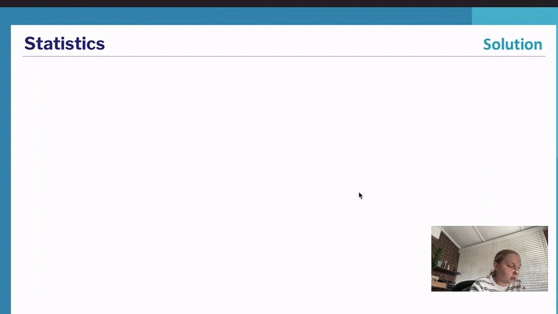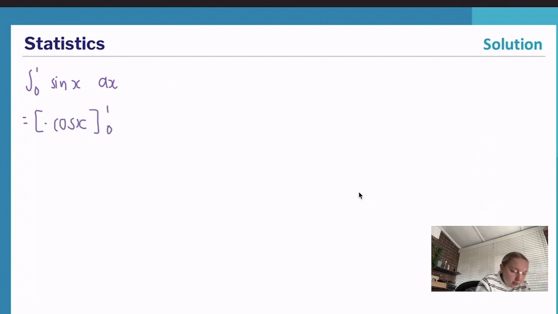Okay, so what we want to do is find the area under that curve between 1 and 0. Just like we just did for k, doing the same thing just for 1. So we're going to equal, if we integrate that, same integration, negative cos x between 1 and 0. We're going to get negative cos of 1 plus 1, because we already just talked about before how cos of 0 is equal to 1.